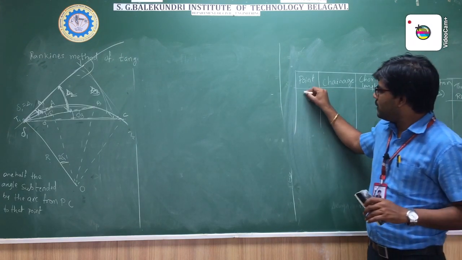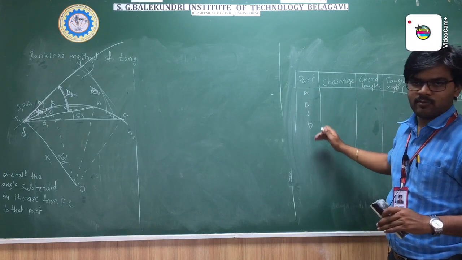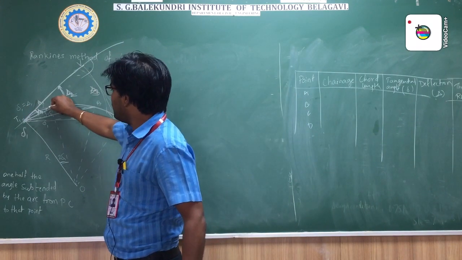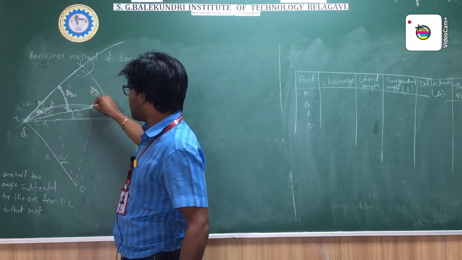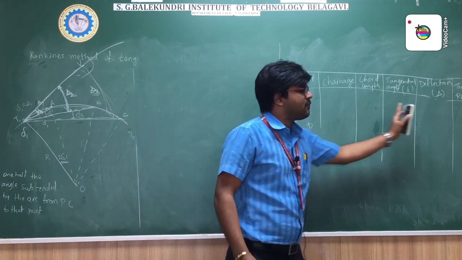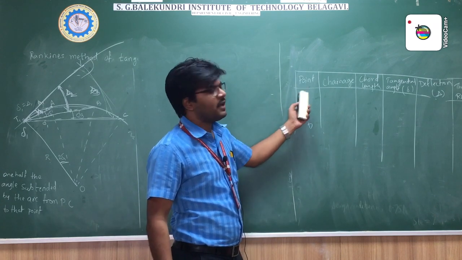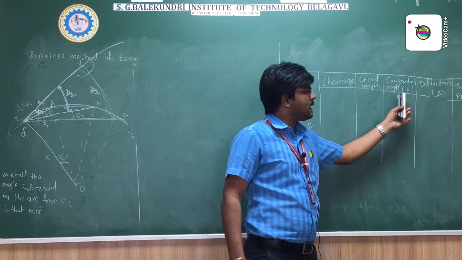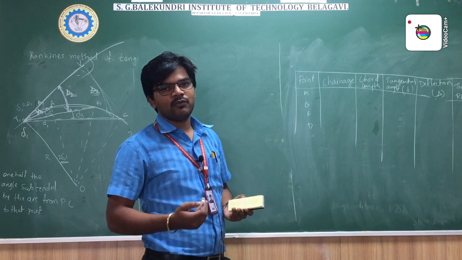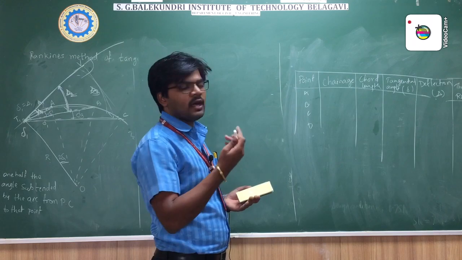During that time you will be noting points A, B, C, D. If I want to start a survey from T1 and establish different points on the curve, I will write all the information in a table. In this table there are point, chainage, chord length, tangential angle, deflection angle, and lastly theodolite reading.